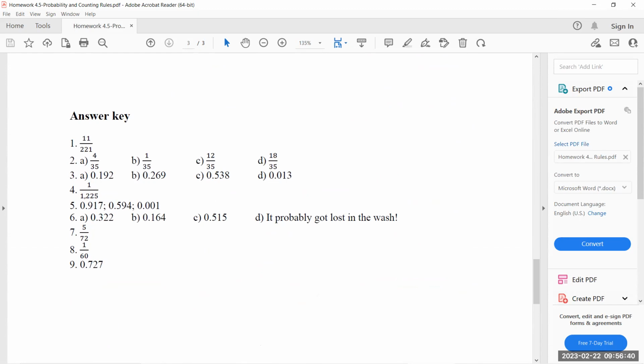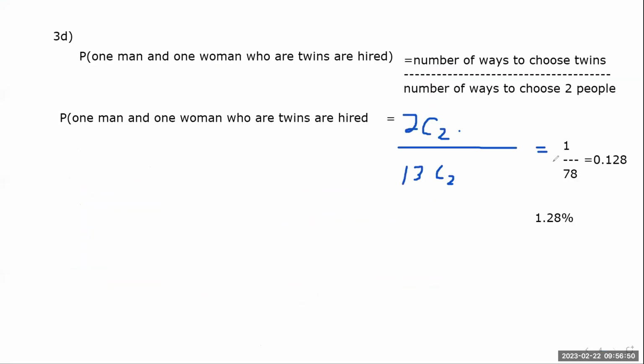Actually, I made an error. I typed this wrong, so let me type it correctly for you.